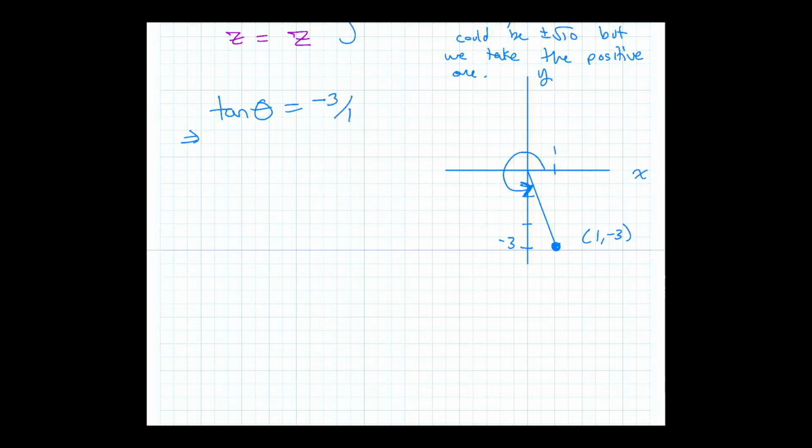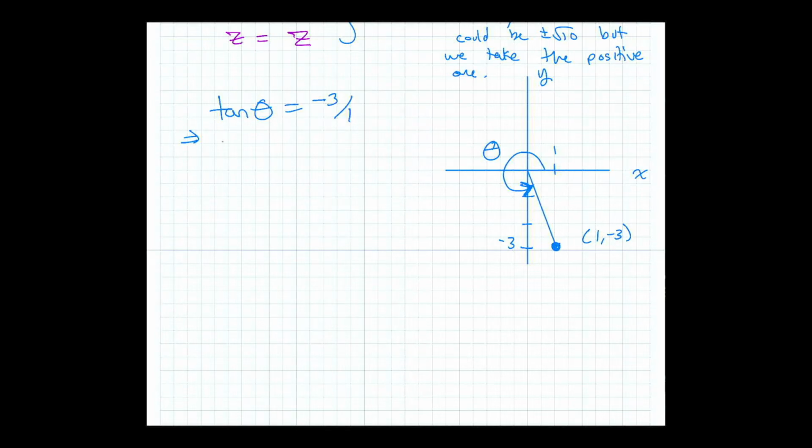Now, you need to actually consider this 2D plot because what you need to see is that your angle theta needs to be within this quadrant, the fourth quadrant. You know that this is 0 degrees, 90 degrees, 180, 270, and then 360, right? So it's in between 270 and 360. Or you could say that it's in between 3 pi over 2 and 2 pi.